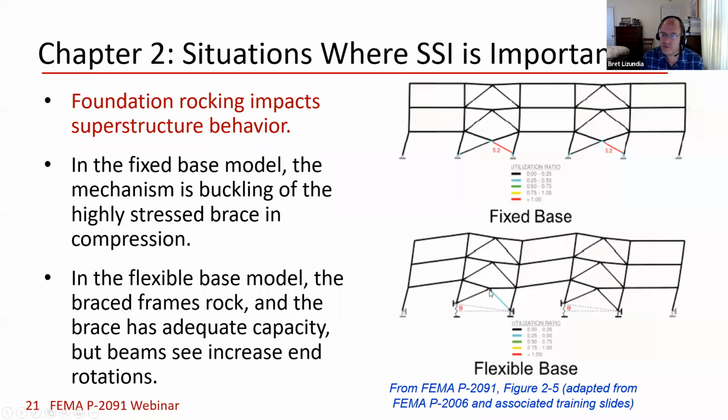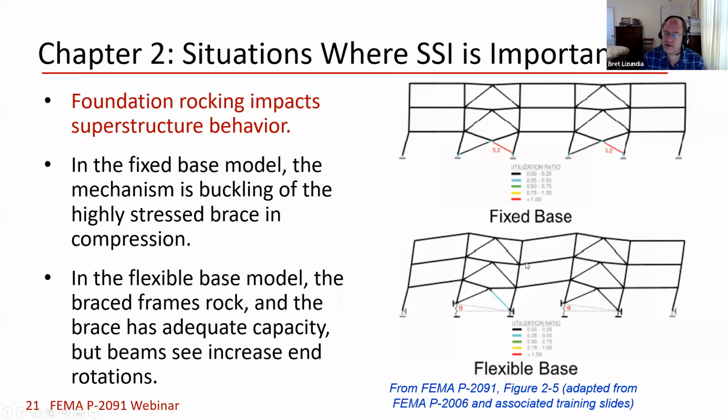Now there's a little bit of a price to be paid with rocking, and that can sometimes be a very big deal. So what you can see in the deflected shape is that, yeah, these guys are rocking, but that translates into the beams that connect to the braces. The rotation that they have at that interface is much bigger than it is in the fixed base model.